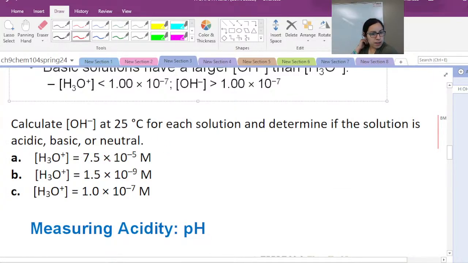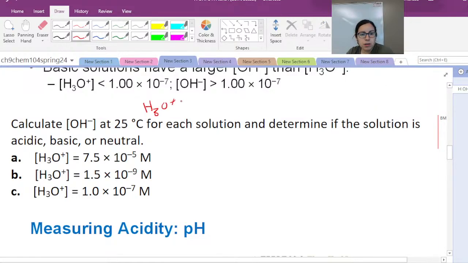So what do we think about A? Acidic, basic, neutral? Any thoughts? How much is the hydronium concentration when it's neutral? Let's keep that in mind.